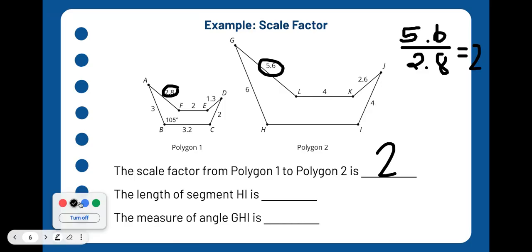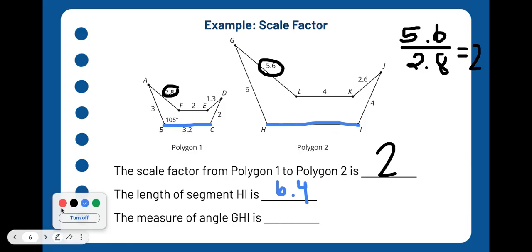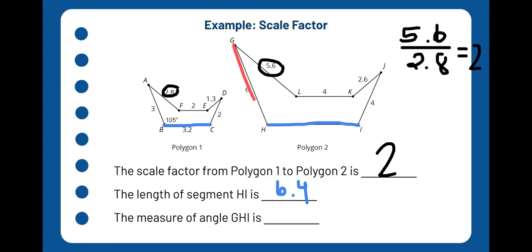So it is asking for, on this one, the measure of HI. So it's asking for this one right here. So we need to just multiply this by 2. So 3.2 times 2 would be 6.4. And then the measure of GHI, that's an angle. So we need to figure out what the angle is of ABC.